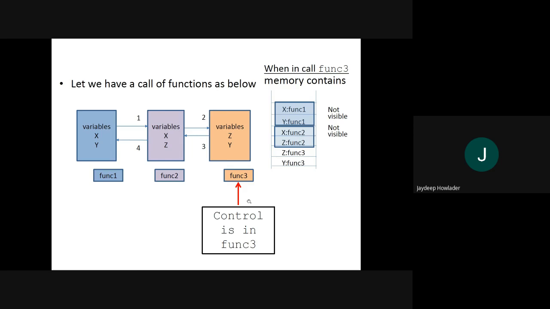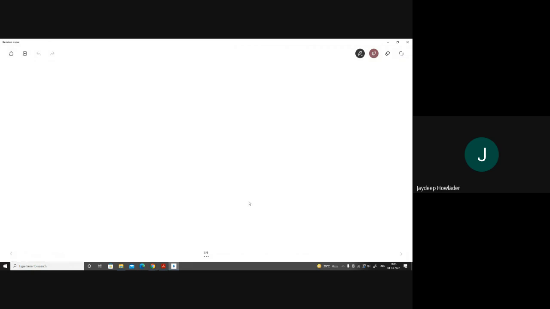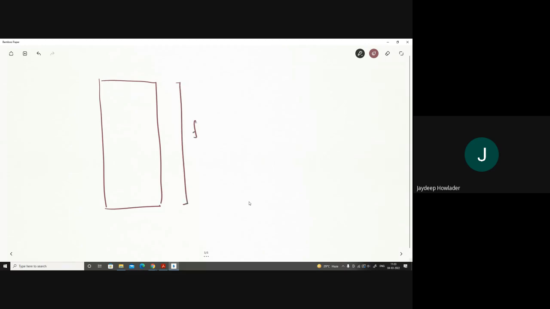There are two types of scope for variables. One is within the functional block. Means I am working within a functional block in this way. Okay, let me just draw it here. So this is a function block, and within the function block there may be some more blocks.